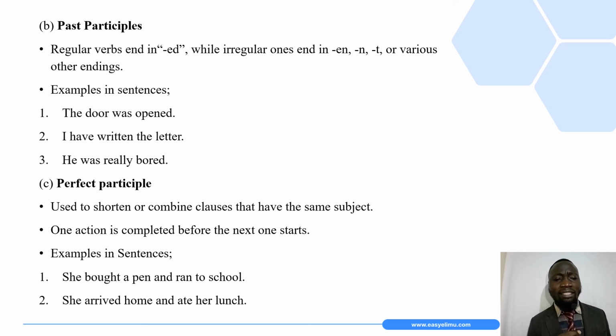The sentence talks about two things that happened. The first is that the subject bought a pen. That is the first action. The second is that she also ran to school. So one action is completed before the next one starts.